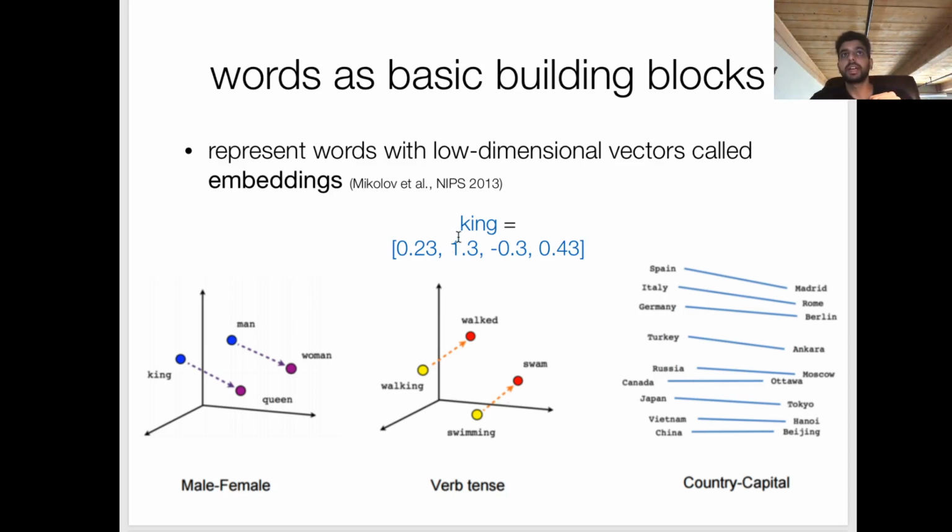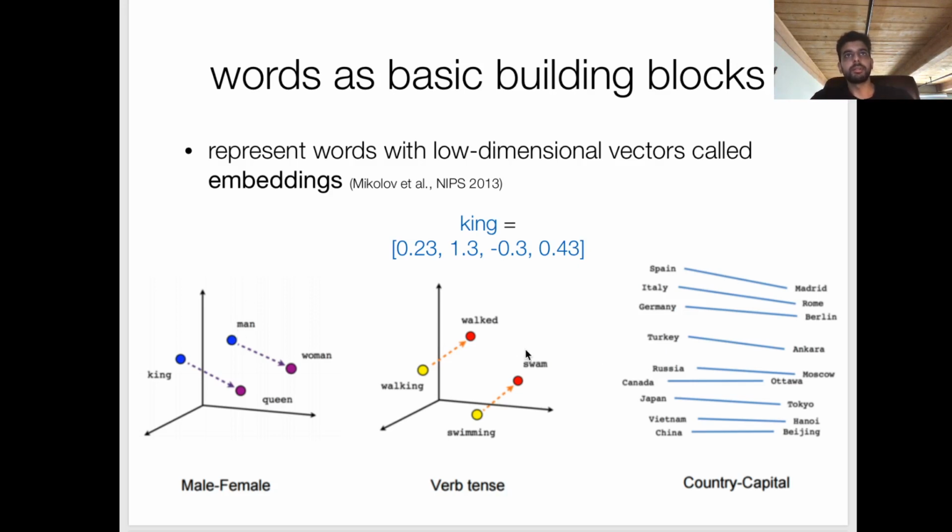So here the word king might have this 4-dimensional representation. This is just an example. In practice, the dimensionalities of these embeddings range from, I don't know, maybe 50 to 1,000 or even more dimensions. But it's usually much smaller, maybe an order of magnitude or two smaller than the size of your vocabulary, right, which is the dimension of a one-hot representation.